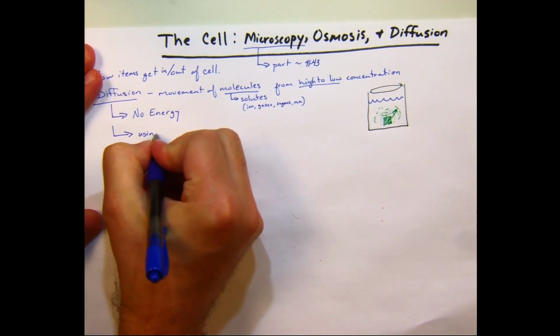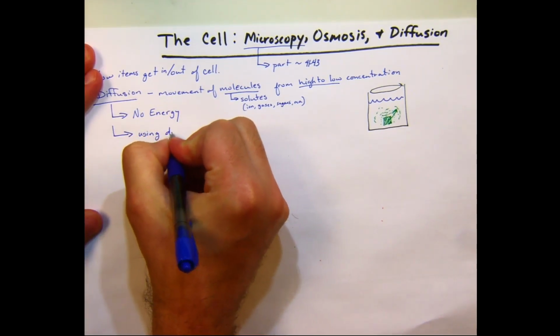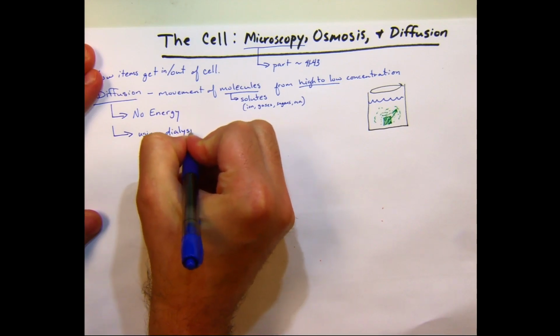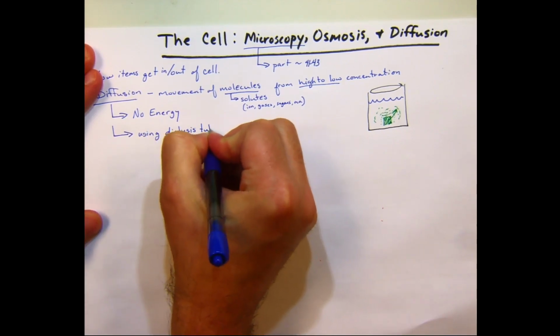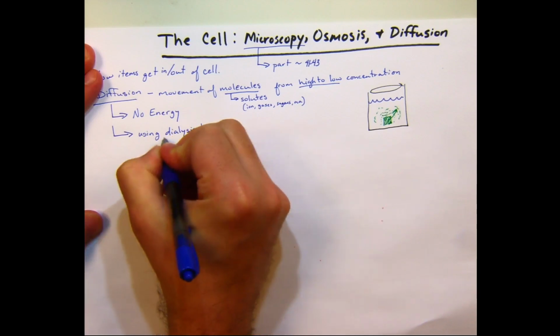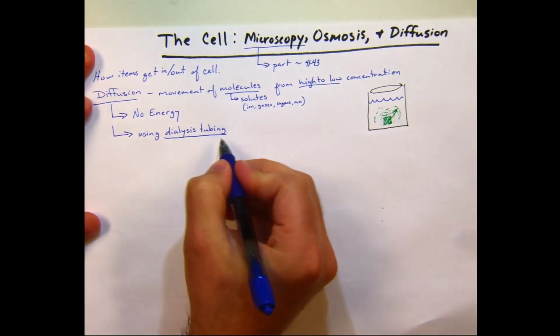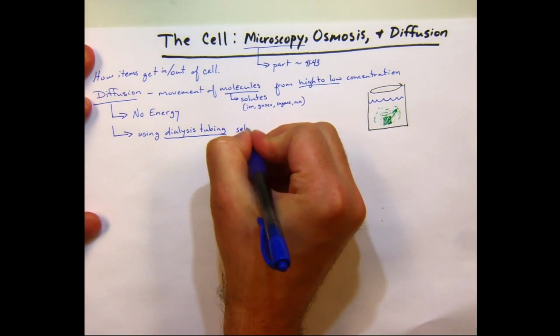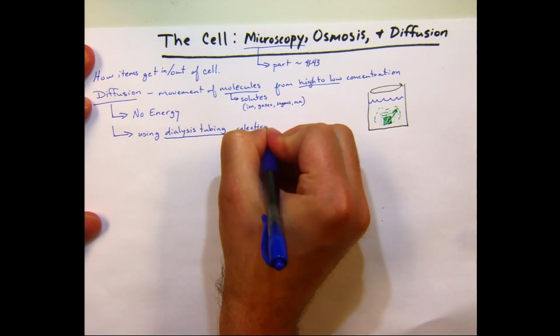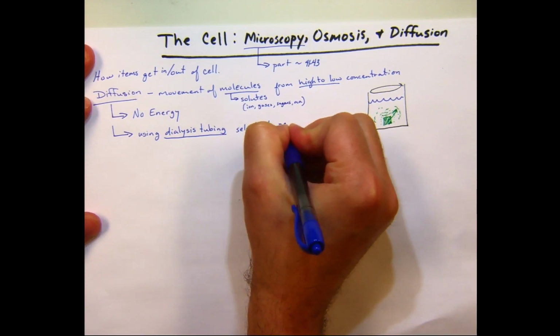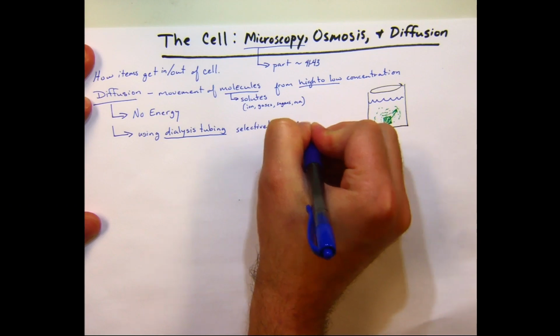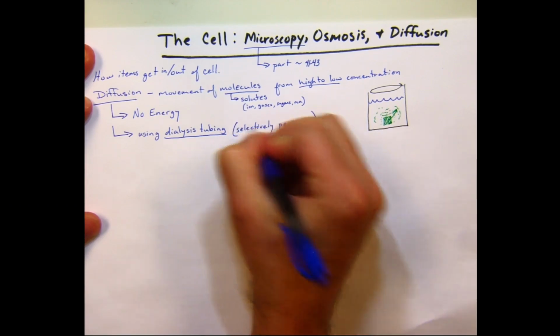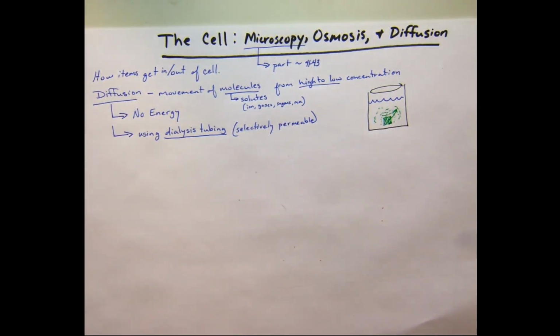Another nice thing about diffusion is we're going to have to test this using dialysis tubing. Now, the dialysis tubing is selectively permeable. Sometimes semi-permeable may be used.